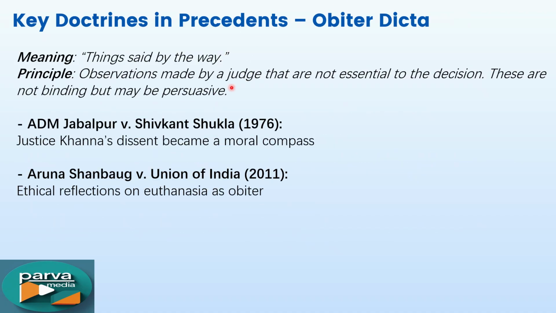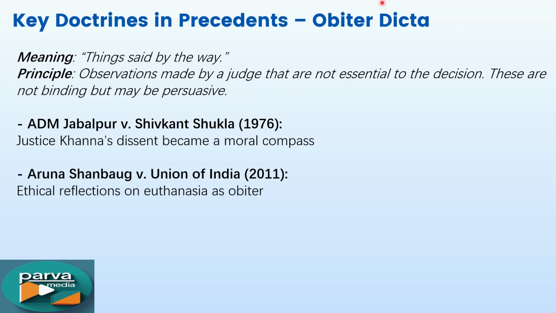Let's now turn to obiter dicta, a Latin phrase meaning things said by the way. These are the judicial remarks or observations that go beyond the core reasoning of the case. The core reasoning of the case will be in the ratio decidendi, but other observations that a judge makes are called obiter dicta.